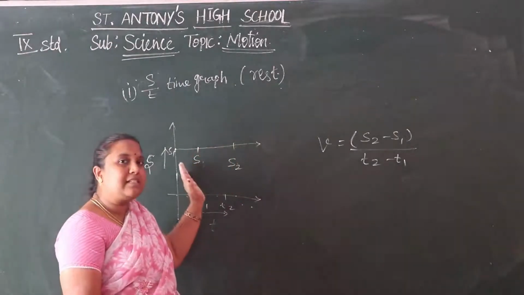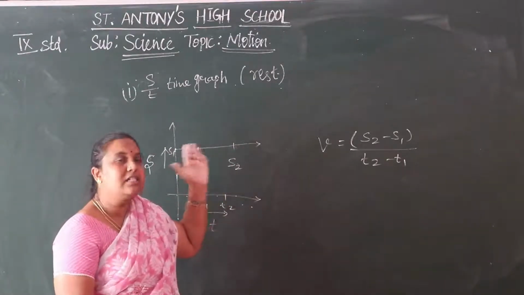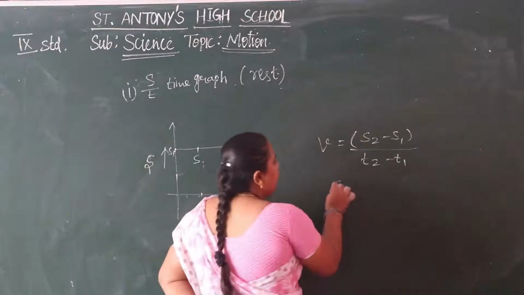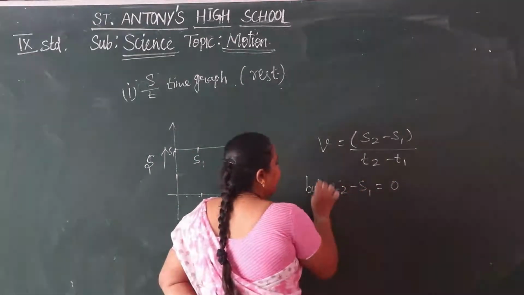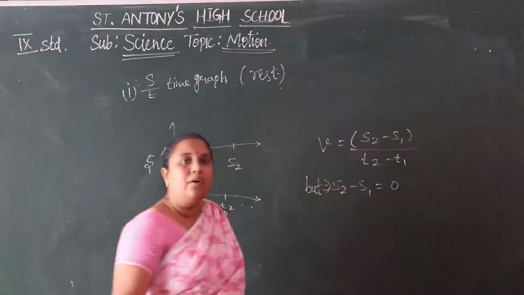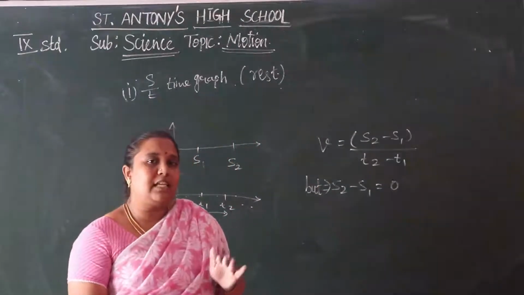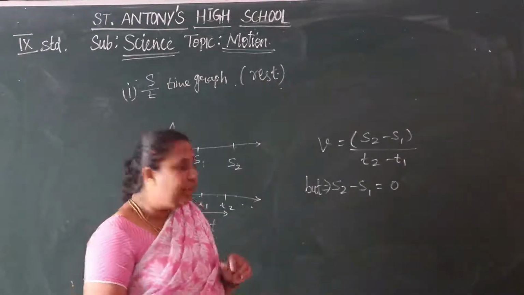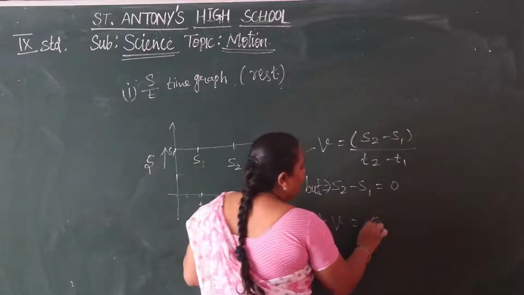Both places are the same, which means when we subtract S2 minus S1 we get 0. If S2 minus S1 is 0, then we have the equation v equals 0.